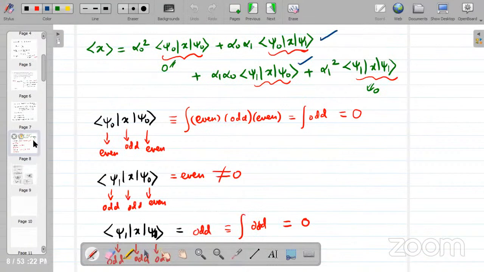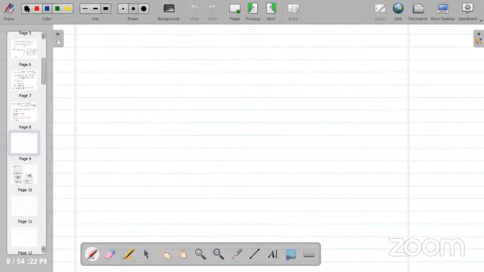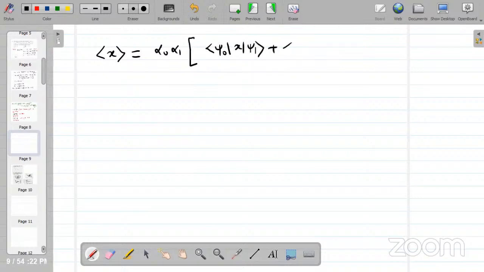So the answer is alpha naught alpha 1 psi naught x psi 1 plus psi 1.